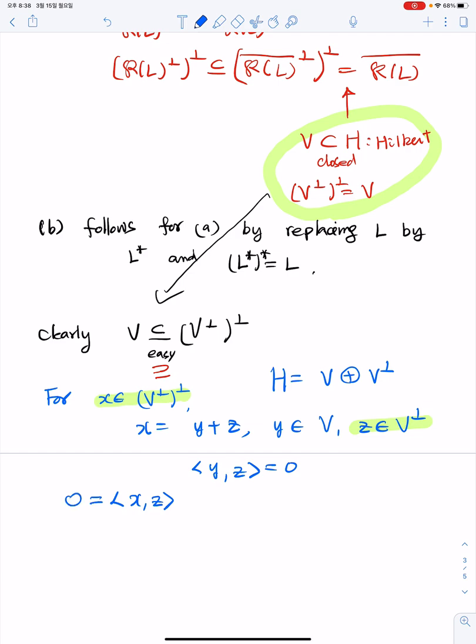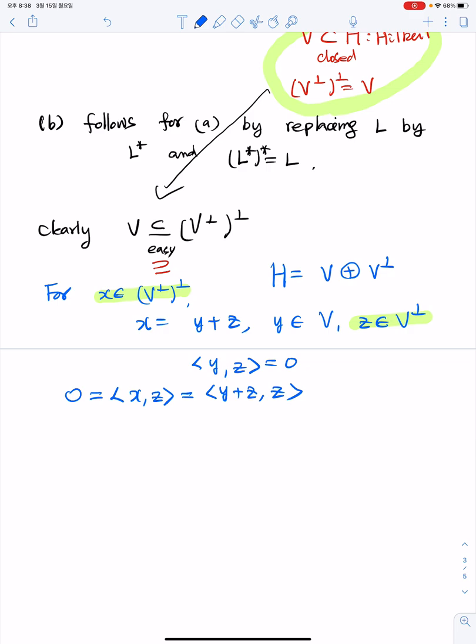Then I replace X by Y plus Z, which gives the inner product of Y and Z, plus the inner product of Z with Z. Y and Z are orthogonal, so the first is 0, and the second is the norm of Z squared. So finally, norm of Z squared equals 0.